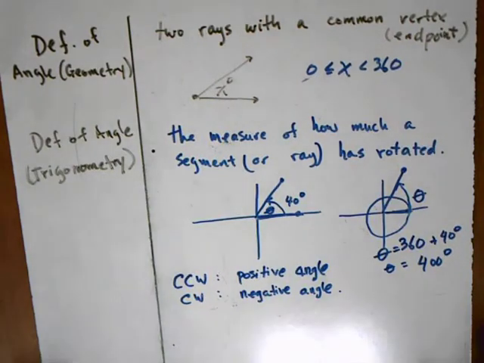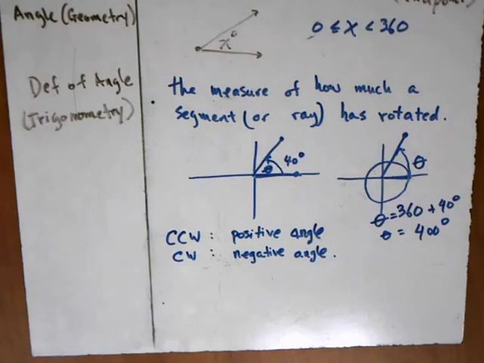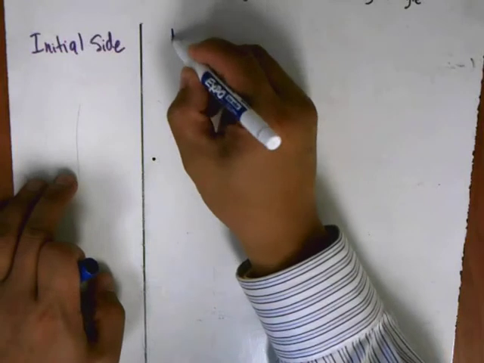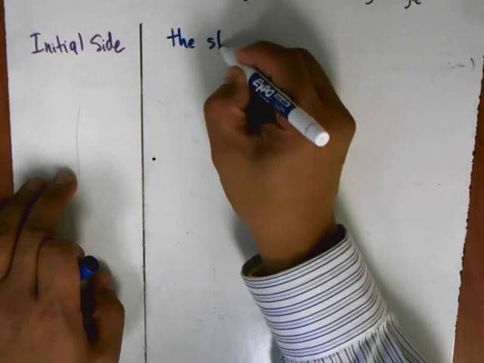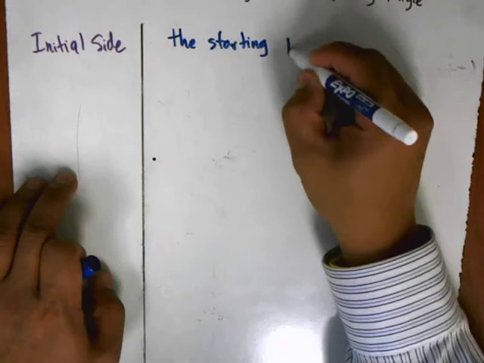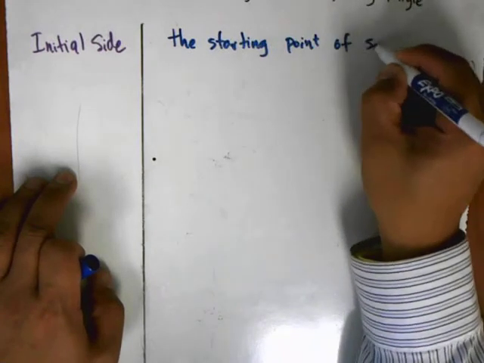Now, because this definition involves us rotating and spinning things around, we have to define some of the sides, the initial side and the terminal side. The definition of the initial side is the starting point of the segment's rotation.